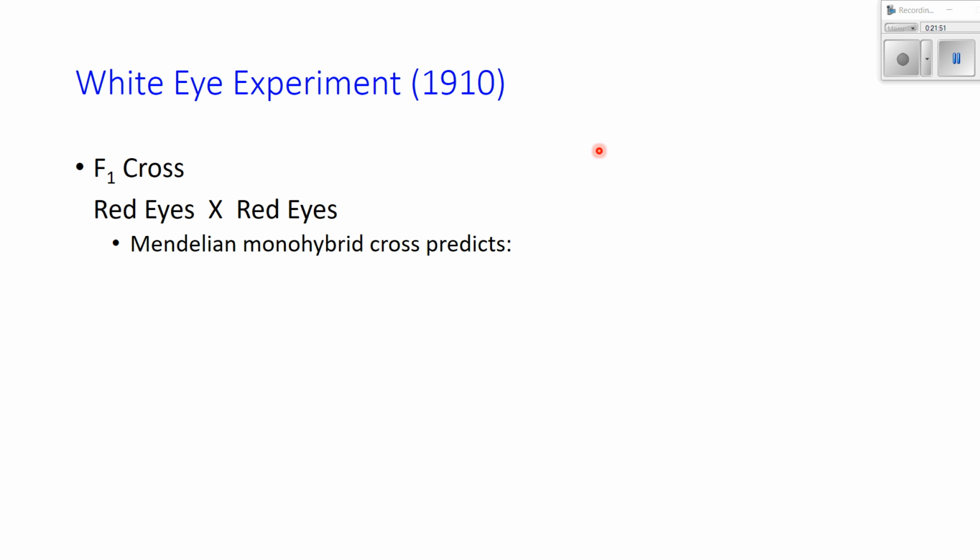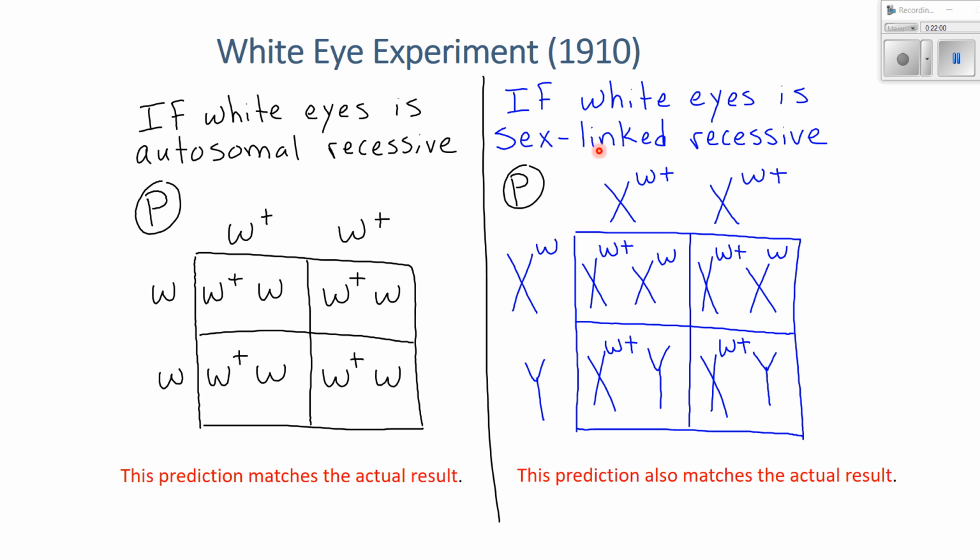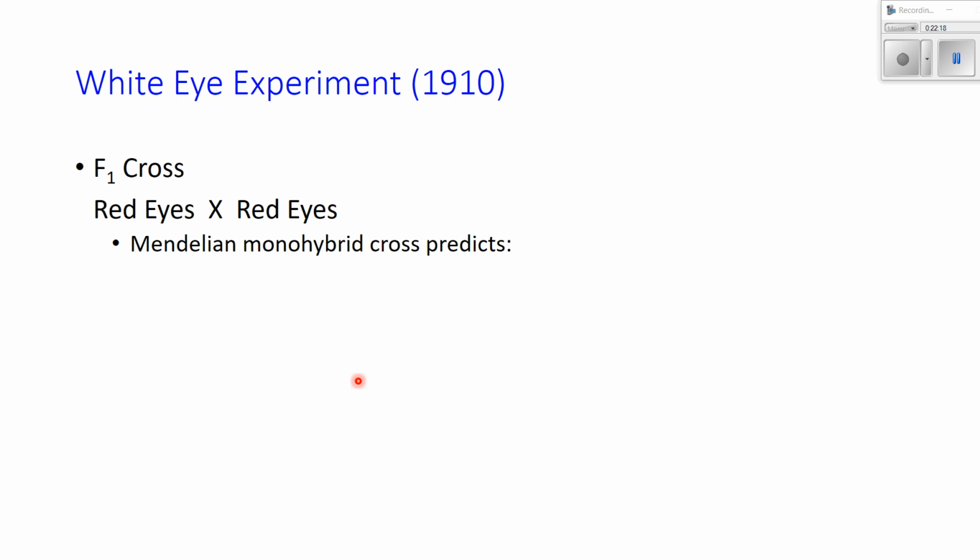So it was the next generation of data that told the story, because now what he did was he took some of these red-eyed offspring and he bred them together. So he's taking an F1 red eye and breeding it with another F1 red eye, and let's see what color eyes we get in the F2 generation.